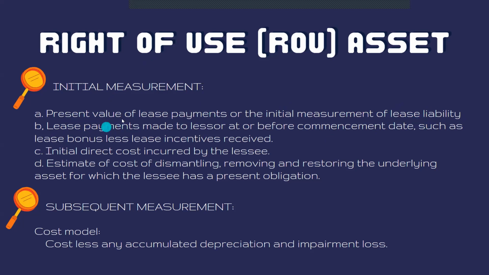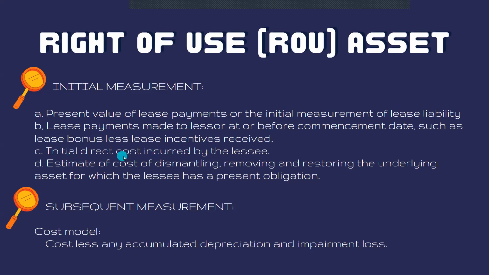Then aside from this, meron tayong mga i-add deduct. First, mga lease bonus. I-add mo to kapag meron kang binayad, kunyari na lease bonus. Tapos lease incentive naman, ibabawas mo kapag may na-receive ka incentive. Next, initial direct cost incurred.